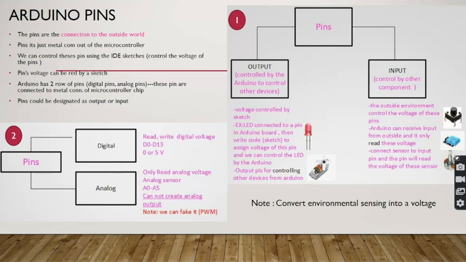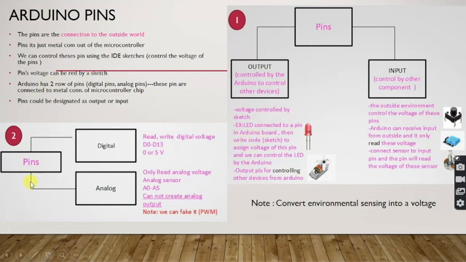The user will control the push button. The outside environment controls the voltage of this temperature sensor. The user also will control the voltage produced by this potentiometer. So the input pins are controlled by other components, by the outside environment, and the Arduino will only read this voltage from these pins.